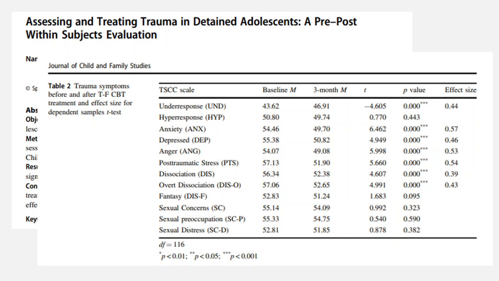So, what they found was that basically these adolescent individuals who had experienced trauma did improve considerably on most of these outcomes that they assessed at the 3 month checkup period. So, that's what a repeated measures design would look like, and an example of data for which it would be appropriate to do your repeated measures t-test.